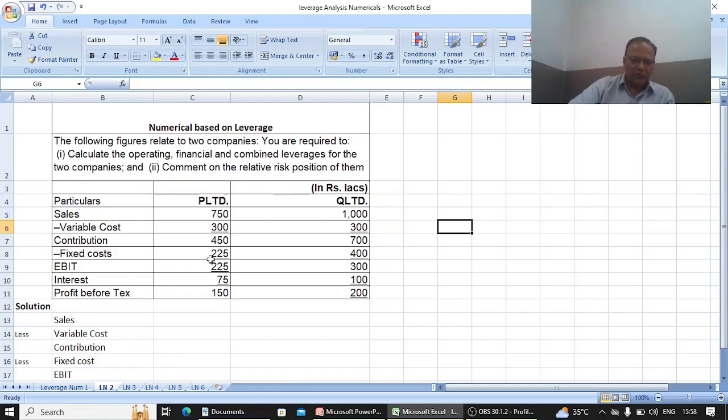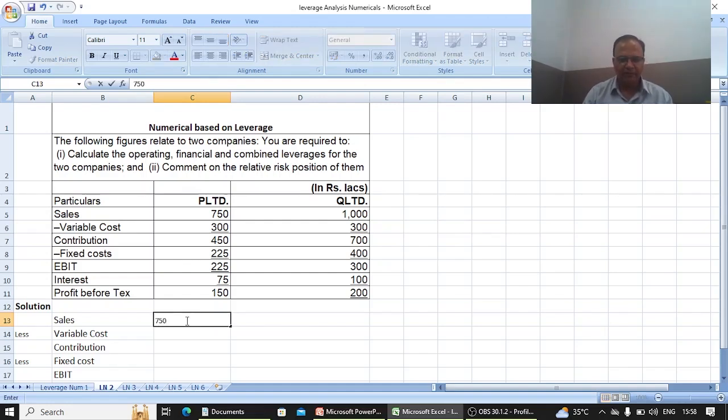So there are two firms, rupees in lakh. Sales, 750 lakh and 1000. All figures I am writing in lakh.